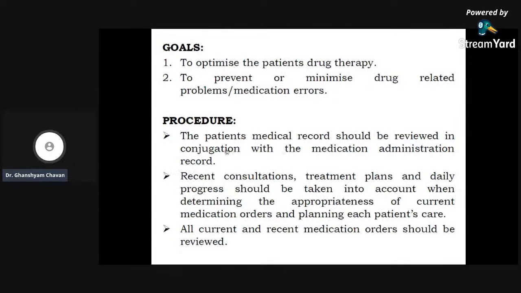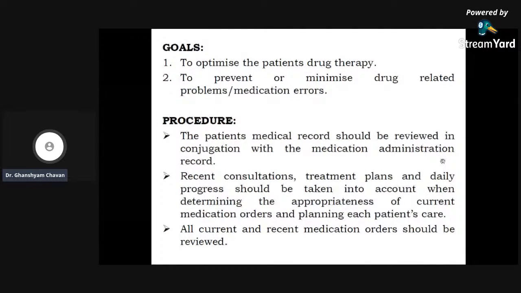The patient's medical record means the medication history, the medical or physical history, the various pathological reports, the physical status, any disease, any complication, any typical allergens, and the patient's body weight, RBC count, lipid profile, respiratory rate, and any sort of medical examination the patient has undergone. All that information is the medical record of that patient, and we should compare that medical record with the medication administration record.